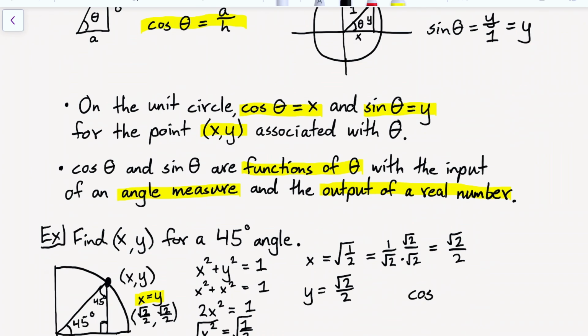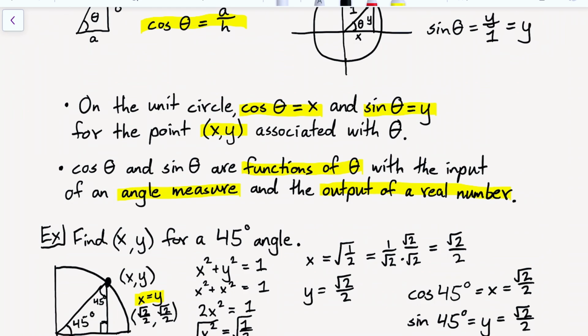And of course that means if we wanted to evaluate cosine of 45 and sine of 45 degrees, we would say cosine of 45 degrees equals the x value, which is root 2 over 2. Sine of 45 degrees equals the y value, which is also root 2 over 2. Sine and cosine of a 45-degree angle are the same.